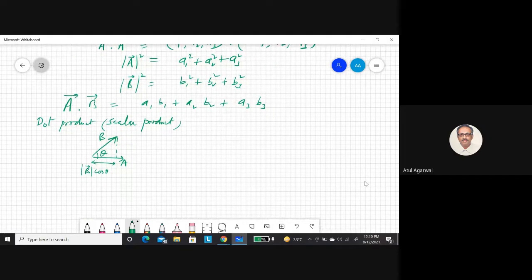So a dot b is given by the magnitude of vector A multiplied by the projection of vector B onto vector A. And one thing to note in this is that it is a scalar quantity.